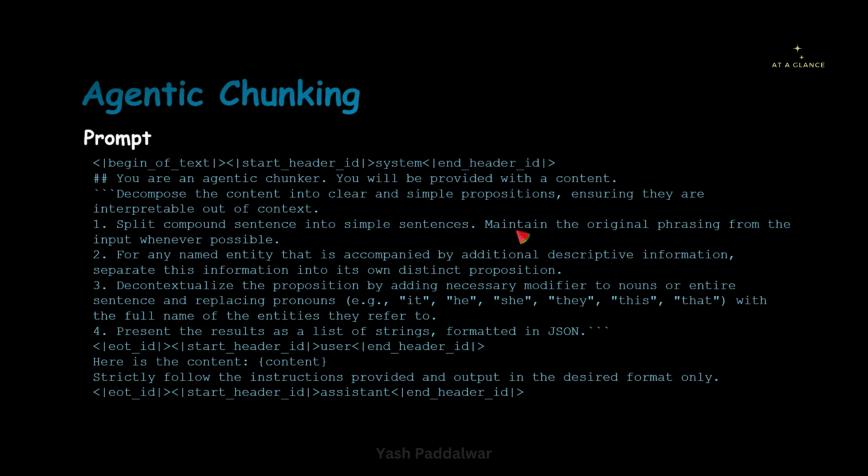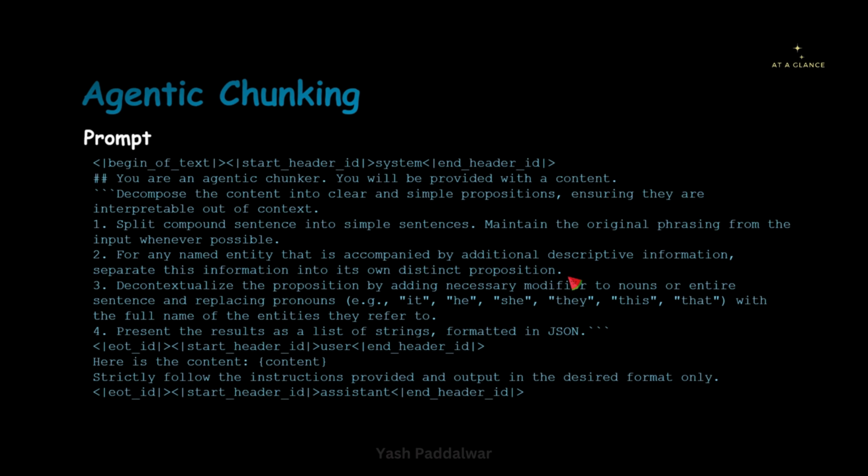And the large language model has to maintain the original phrasing from the input wherever possible. So this restricts the large language model from responding with a huge variation from the actual context that was provided. The second instruction we can give is, for any named entity that is accompanied by additional descriptive information, separate this information into its own distinct proposition.